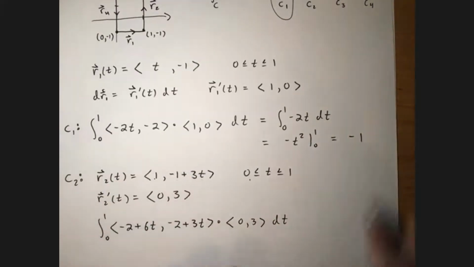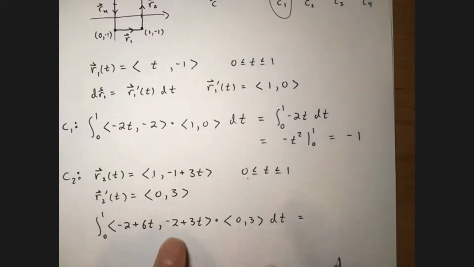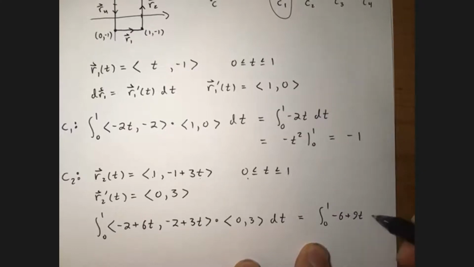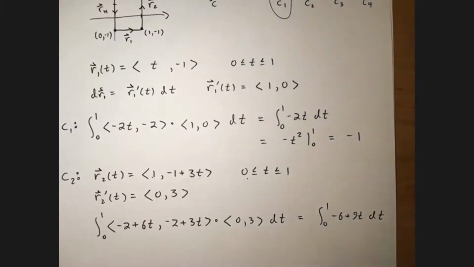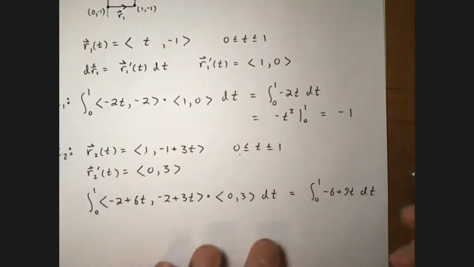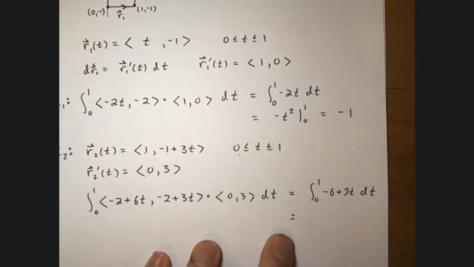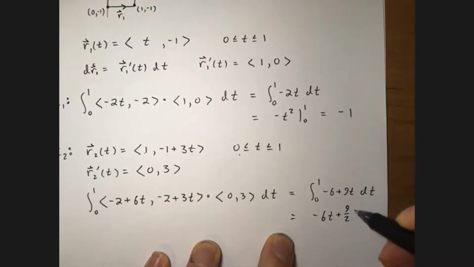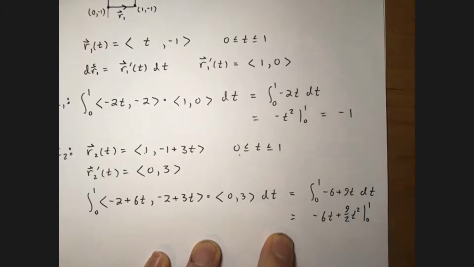Okay, when I dot this, I get -6 plus 9t dt. And the antiderivative is -6t plus 9/2 t squared, evaluated from 0 to 1.